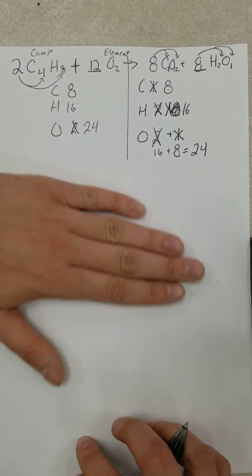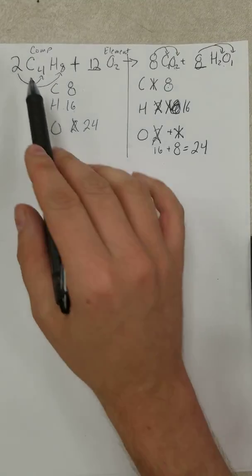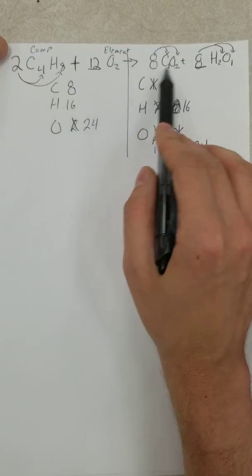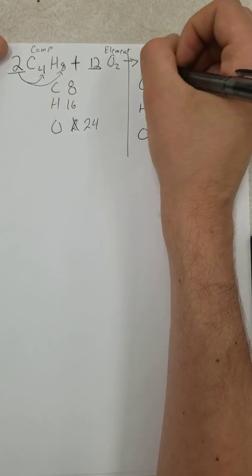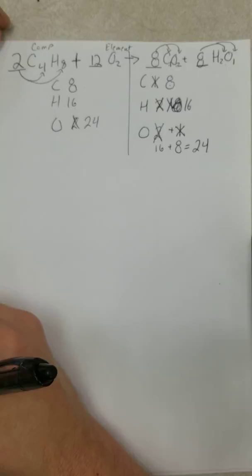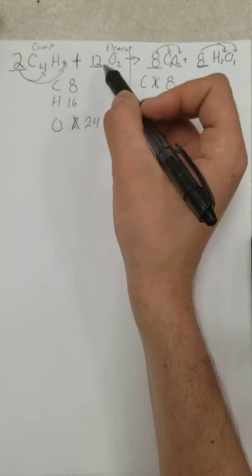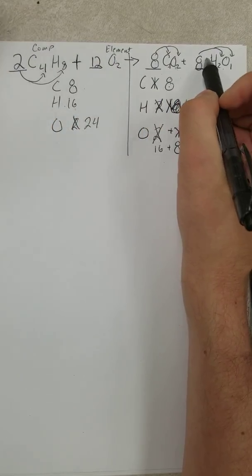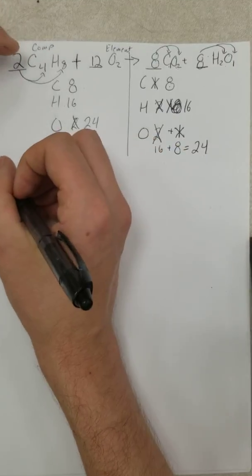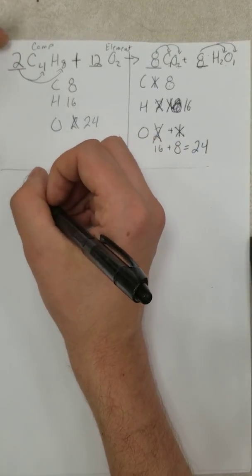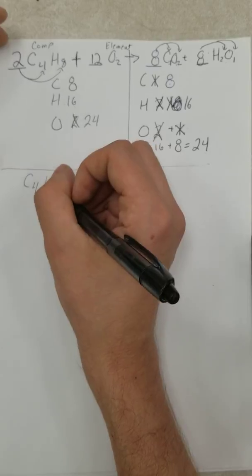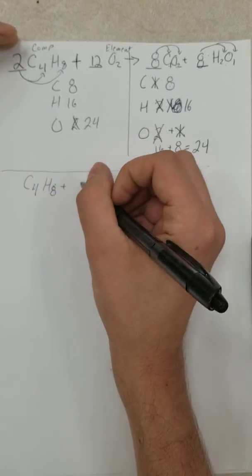However, we're not done. If you look at your coefficients, the numbers out front, you notice they all can be multiplied by the same number, or divided by the same number. We can divide each one of them by 2, and so that's what we're going to have to do. So our corrected reaction should be this.